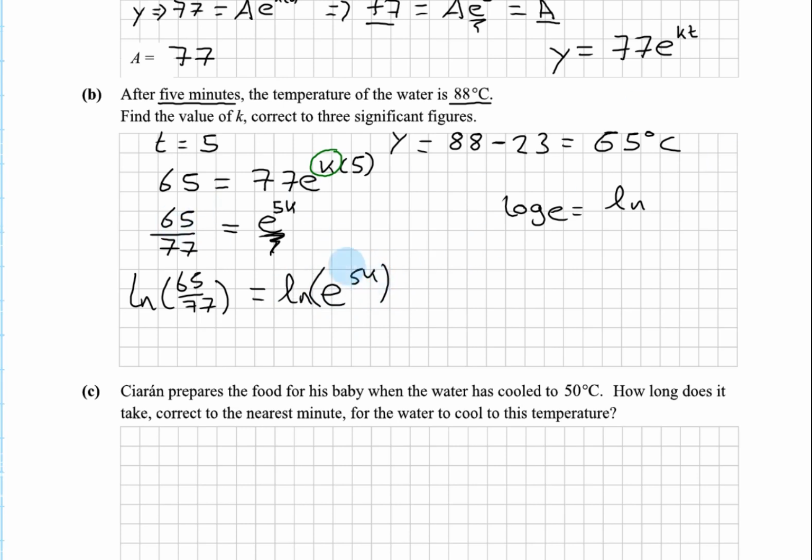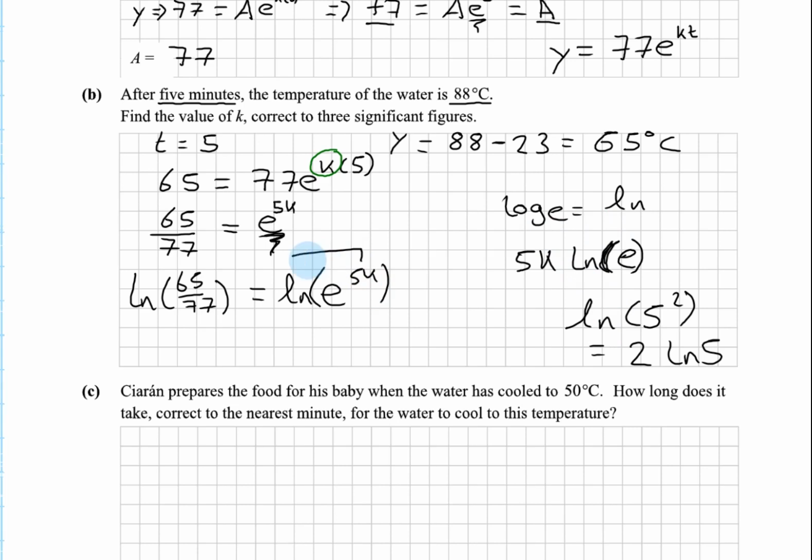So basically what's happening is we have 5k ln e. If you look at your log tables and the rules of logs and the rules of indices, you'll see that ln of 5 squared is the same as 2 ln 5.